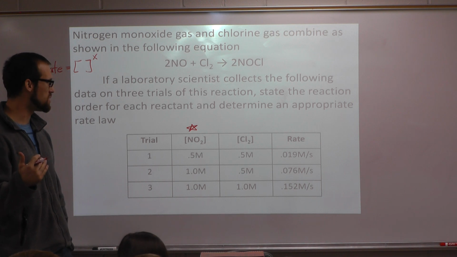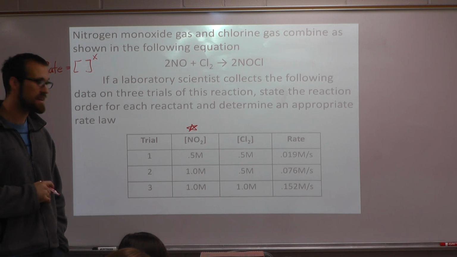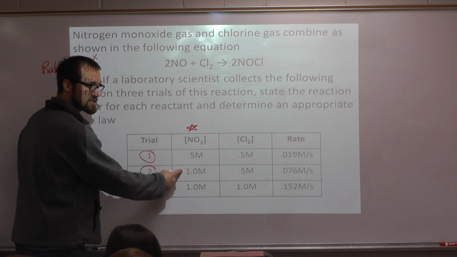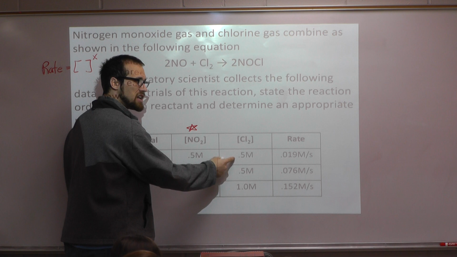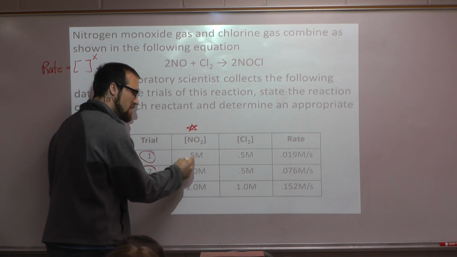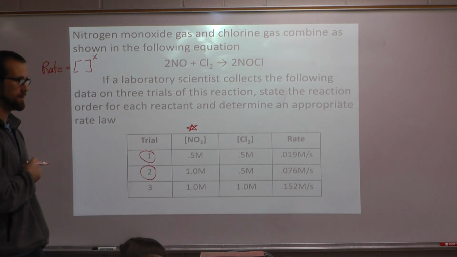Which experiments have the concentration of NO2 changing, but CO2 not changing? Everybody see how in 1 and 2, the concentration of NO2 changes, but the concentration of CO2 does not. We don't want this to change because we want to study the effect of a change in concentration of this, not of this. So here's how you do it.